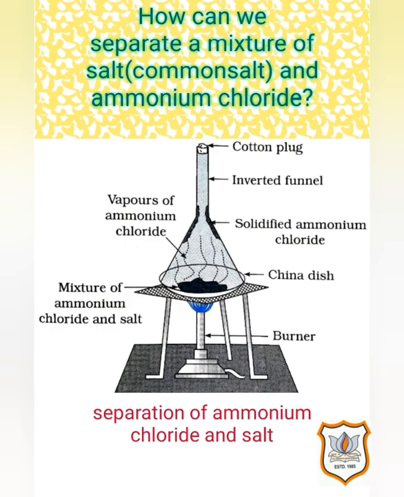Now with the help of a burner, the mixture of ammonium chloride and salt is to be heated, and after heating the vapors are generated, and the solidified ammonium chloride is deposited on the upper part of the inverted funnel, and this is actually the separation method shown in the figure.